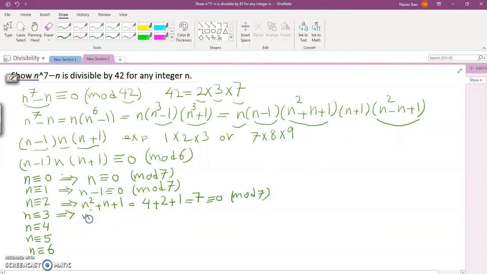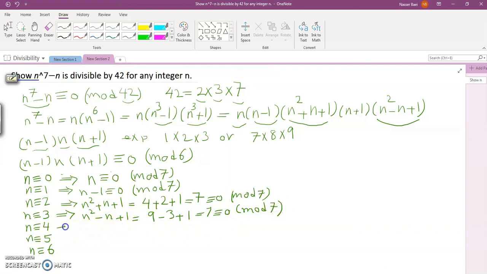So n squared minus n plus 1 will be 9 minus 3 plus 1, which is 7, and 7 will be congruent to 0 in mod 7. And for the next one, which is 4, once again this part will be our solution.